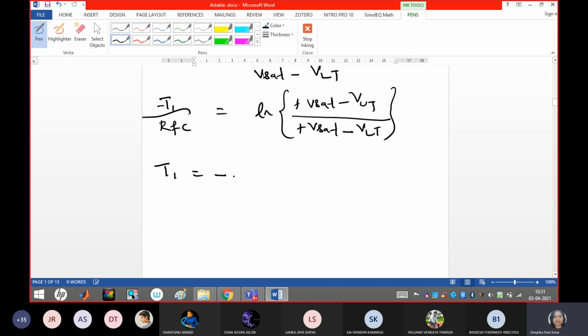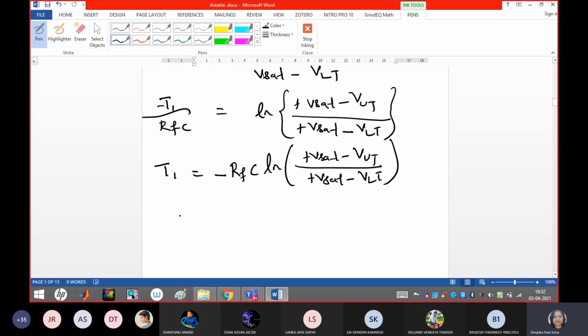If I write everything for you, you are not at all taking part in the discussion, so you tell me. What should be the equation for T1 alone? I have already taken the negative term to this side. RFC into ln. Yes. ln plus Vsat minus Vut divided by plus Vsat minus Vlt. Yes.